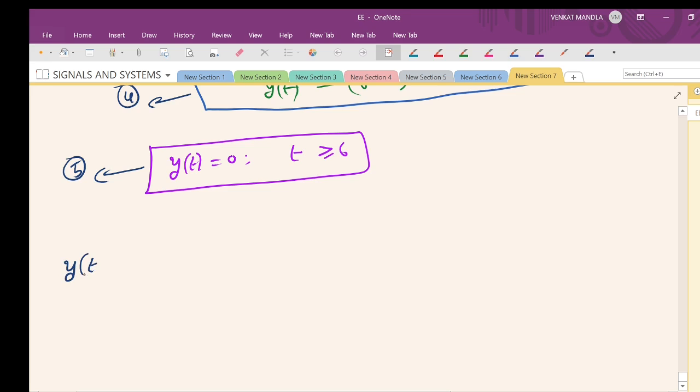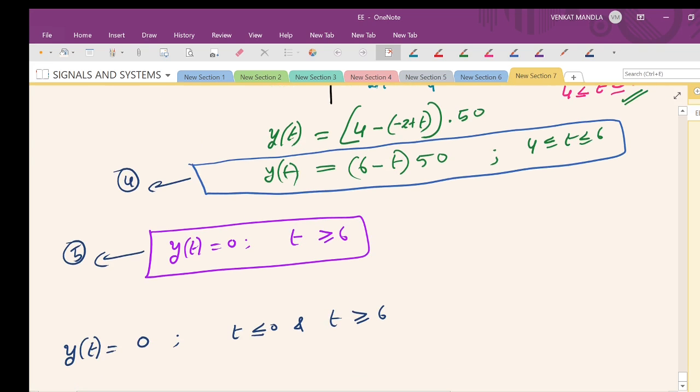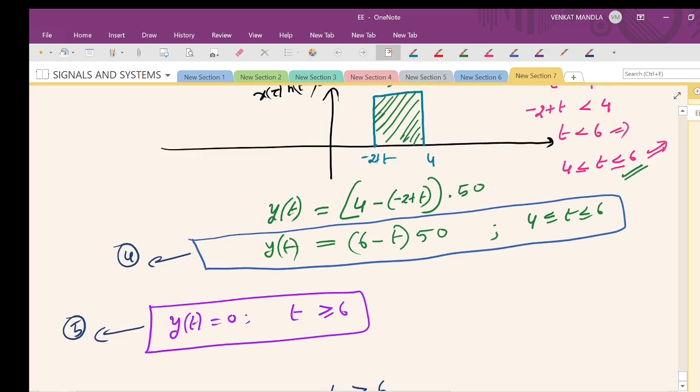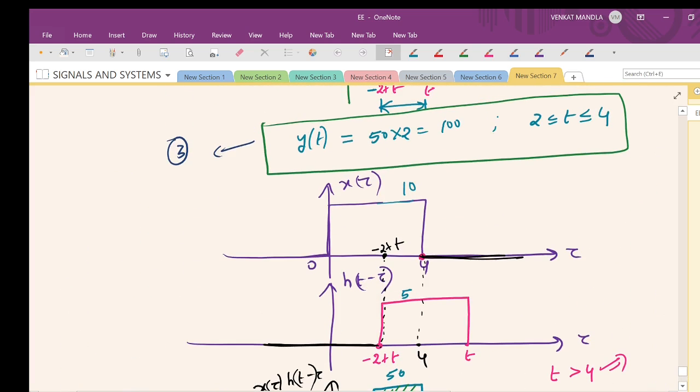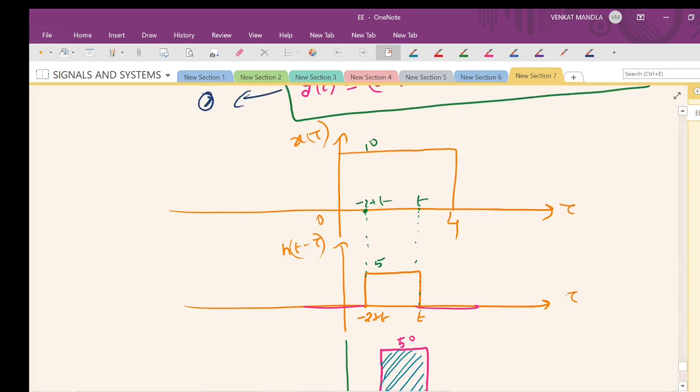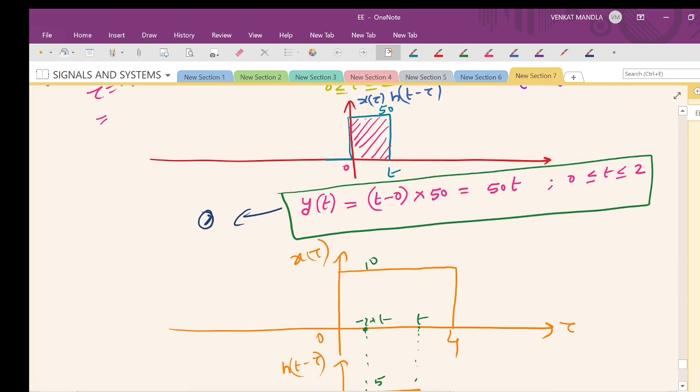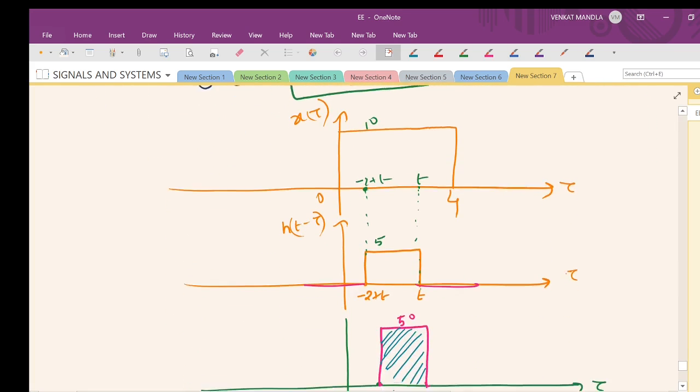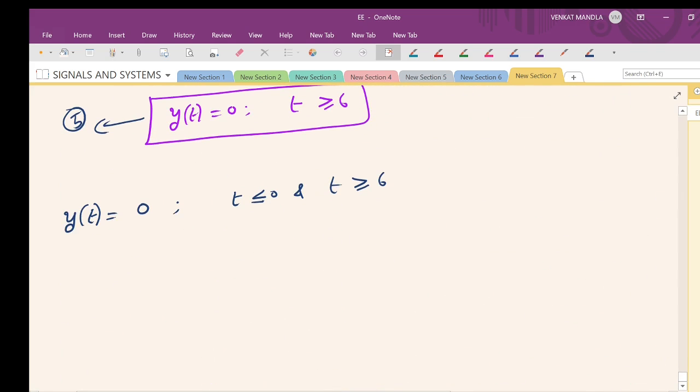So y(t) equal to 0 for t less than or equal to 0 and t greater than or equal to 6. This includes the first and fifth cases. The second one is 50t for 0 less than t less than 2.